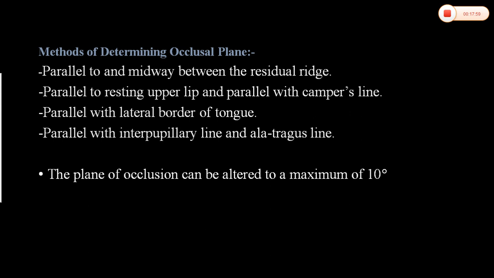Next, some authors say the occlusal plane should be parallel to the resting upper lip and parallel with Camper's line. Camper's line runs along the ala-tragal line, from the inferior part of the ala to the mid part of the tragus of the ear. So the occlusal plane has to be parallel to the ala-tragal line or Camper's line.